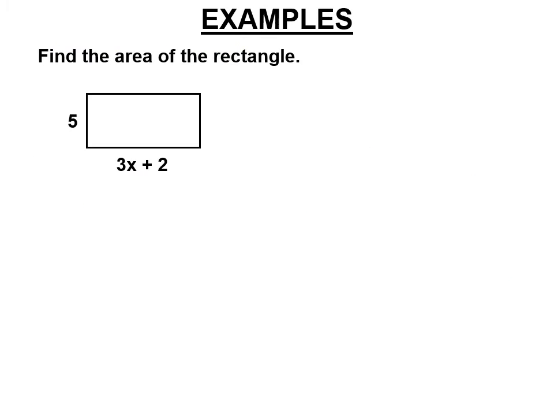All right, so area, this is not perimeter. Area of a rectangle, length times width. So you're multiplying 5 times 3x plus 2. Now, when you write this, you must put the 3x plus 2 in parentheses, because if you don't, you get the wrong answer. We're multiplying this entire side times that entire side.